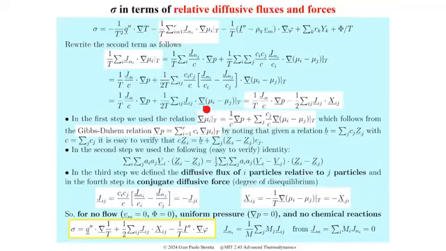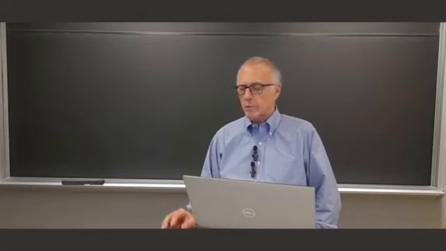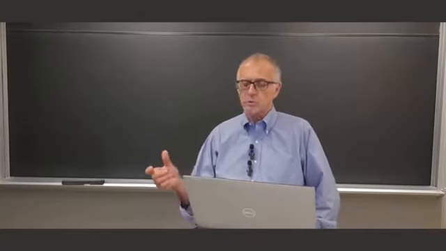So finally, we bring back the pressure here, and we have this summation, which is expressed in terms of these differences, so that we now rename. So J_ij is the flux of particles of species i with respect to particles of species j.